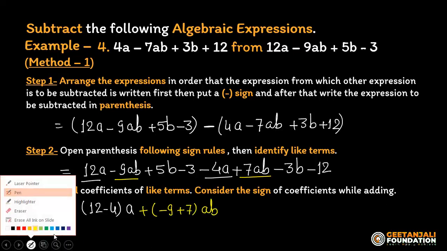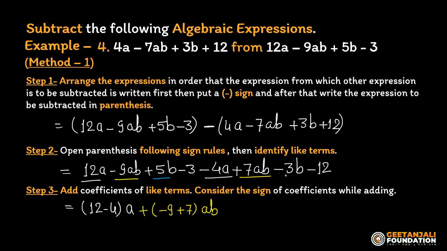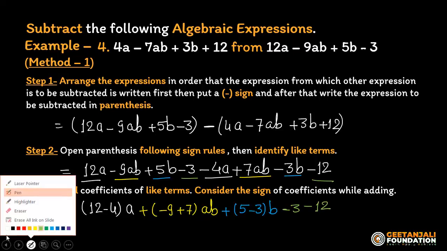Now next pair is 5b minus 3b. So I will write 5 minus 3b. And next is minus 3 minus 12. These two are constants. So I'll write them minus 3 minus 12. These are constants.